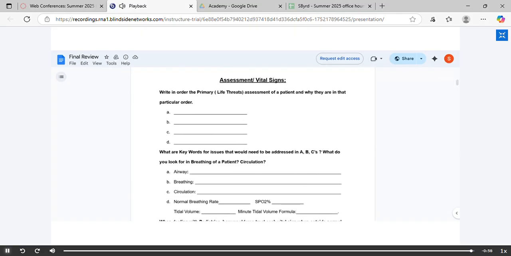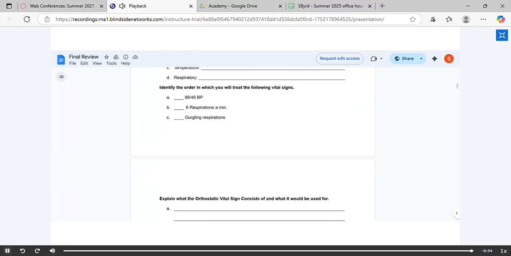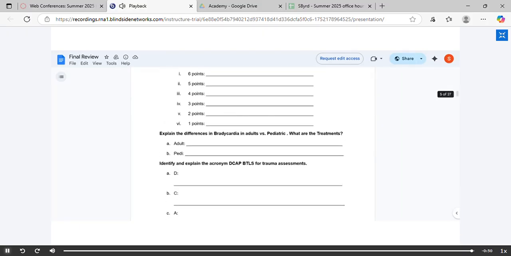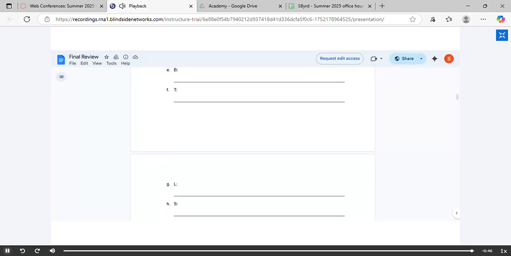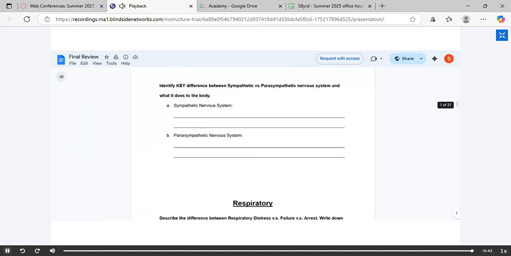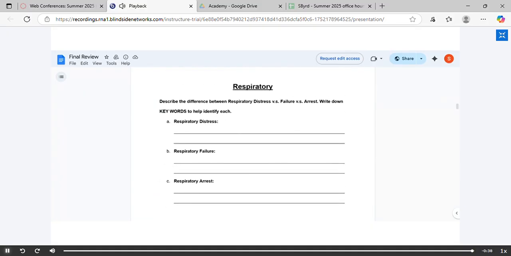It's over a little bit of everything: primary threats, life threats, ABCs, your GCS is in here, bradycardia versus tachycardia, your medical terminology, DCAP-BTLS, what's a sign versus a symptom, what's your SAMPLE, sympathetic versus parasympathetic, things from your mod 1.